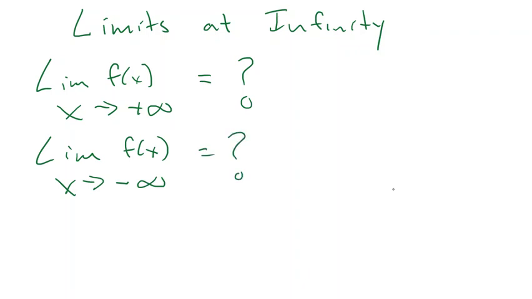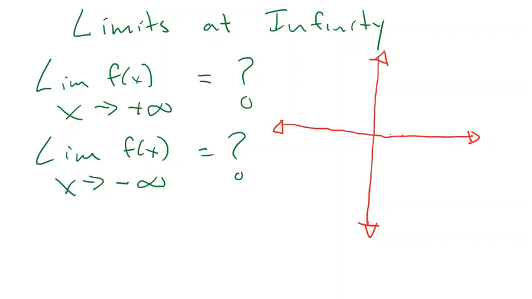So let's talk about what that means. So if we have a graph, we have a y-axis, and we have an x-axis. Excellent little graph I have here. All right, so on the x-axis, we know that the x values get larger and larger as we go to the right.